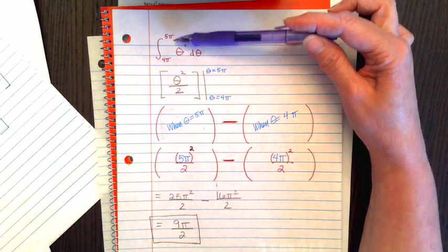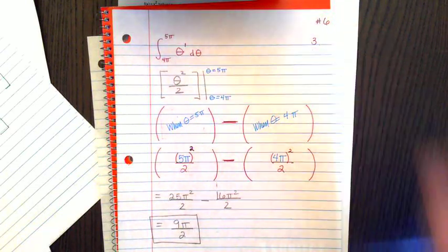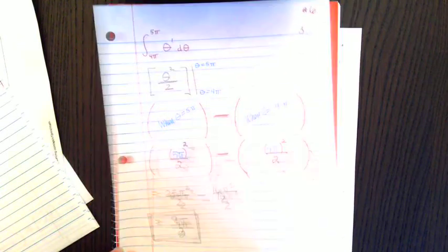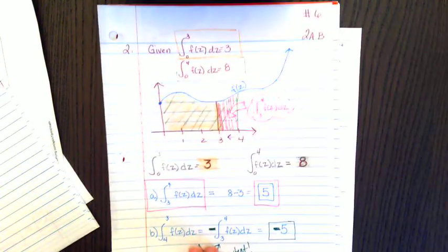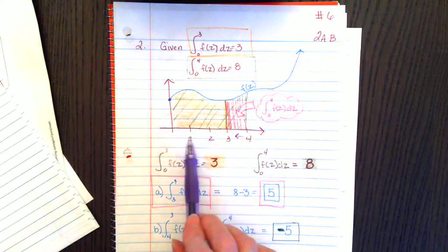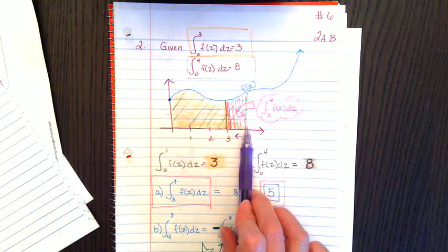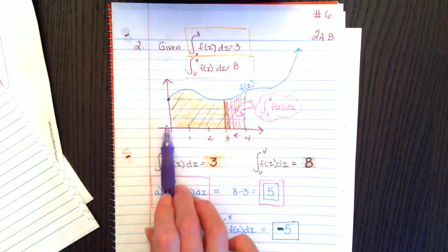And that's similar to what we saw in the last problem. Let me pull that back up. If we wanted to find the area from 3 to 4, we found the area up to 4. We subtracted the area up to 3, and that gave us this area in the middle.